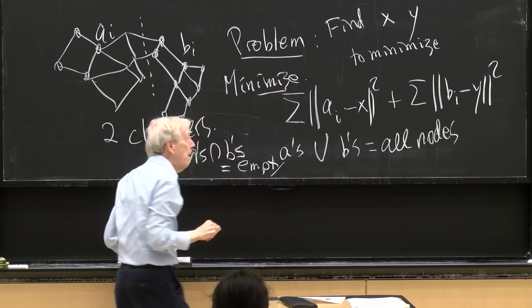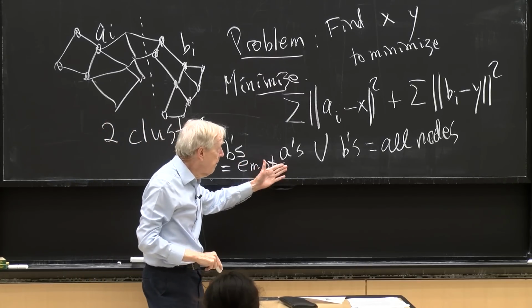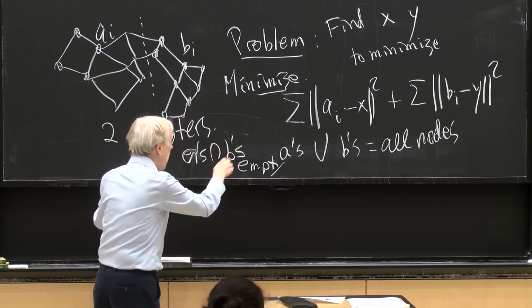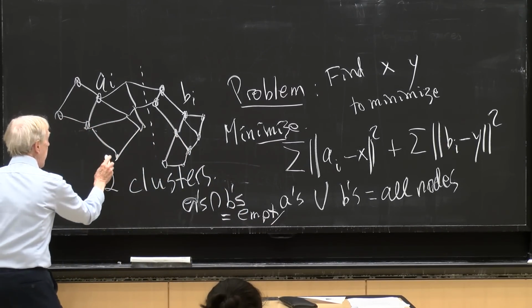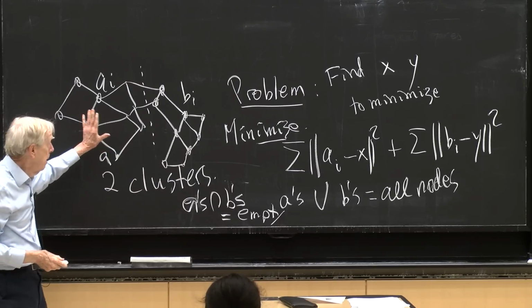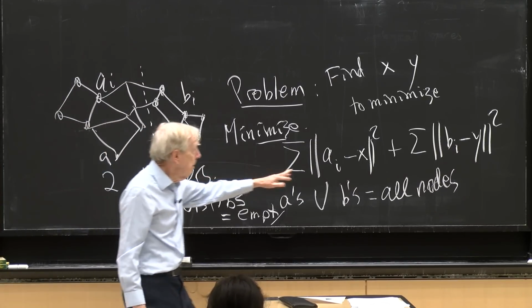So I want to minimize. And I probably want to impose some condition that the number of a's is reasonably close to the number of b's. In other words, I don't want just one point to be the a and all the rest to be the b's. That would not be a satisfactory clustering. I'm looking for good-sized clusters. So minimize that.